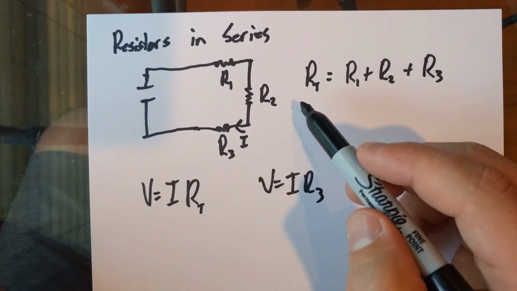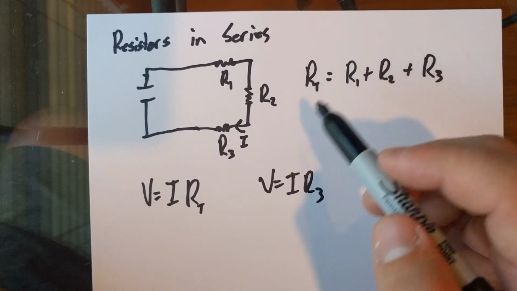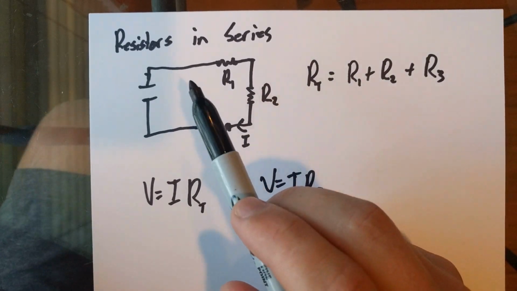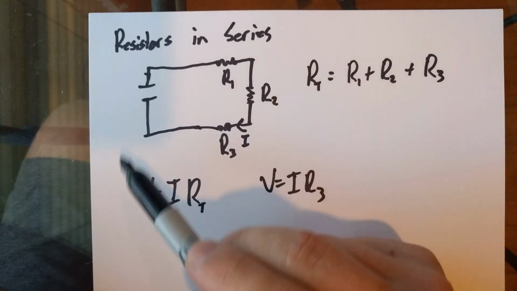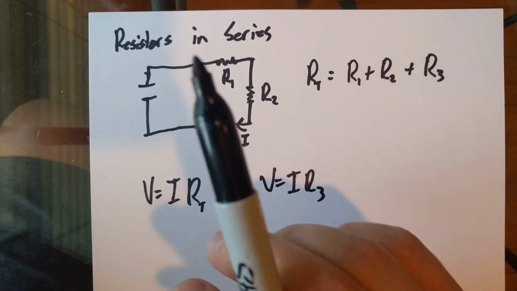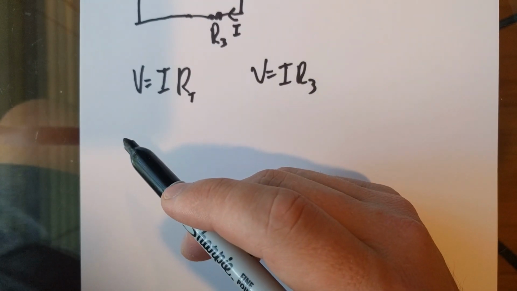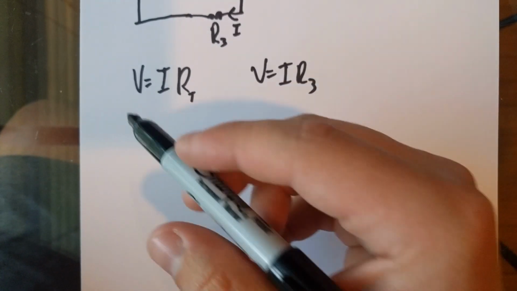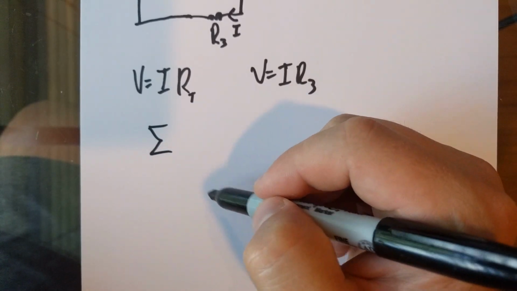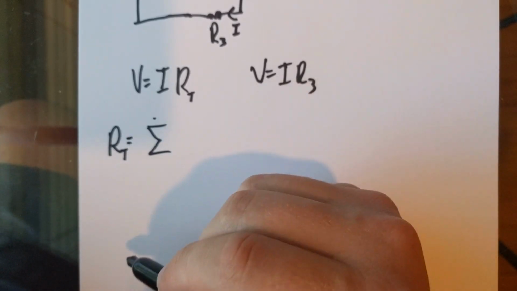Okay, so that's why you end up doing a lot of work with R total, figuring out what R total is, because you want to try and replace this complicated circuit with a simpler one so that you can find the power consumed in the entire circuit. And that's generally the direction that most of the problems go. So also commonly you're going to see the total resistance written with the sum sign.